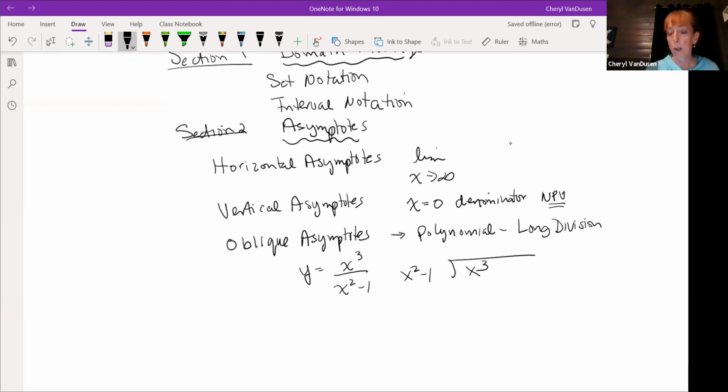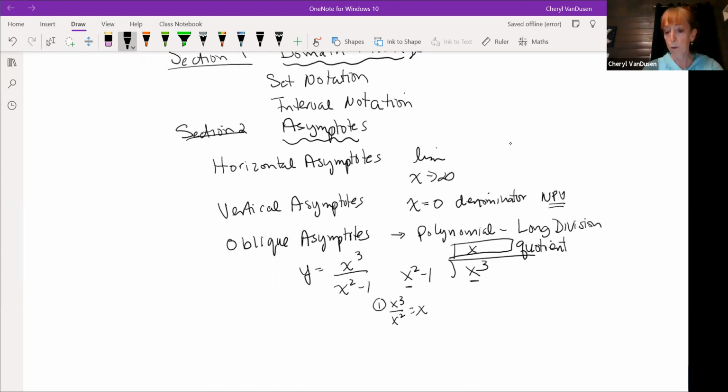And we would divide, and whatever we got for the quotient, now I don't know if you remember all your terminology, but this guy up here is the quotient, is what the answer for the oblique asymptote would be. In division, you divide the first term of the divisor into the first term of the dividend. So step 1 would be x cubed divided by x squared, which would give you x. And you would put the x up here.